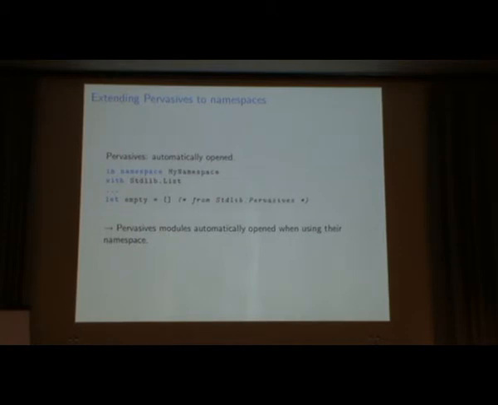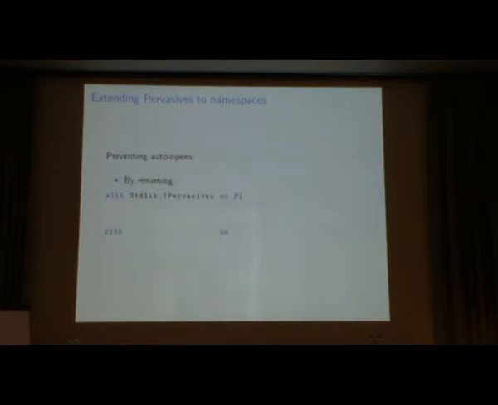What happens is that since there is a module named pervasives in the namespace stdlib, I open it. It can lead to some problems because maybe you don't want to open all the pervasives module. So the first solution is simply renaming the pervasives module, using the path directly, or simply shadowing it.